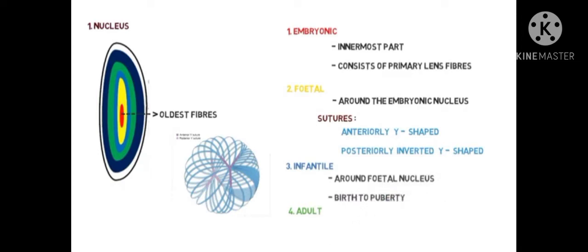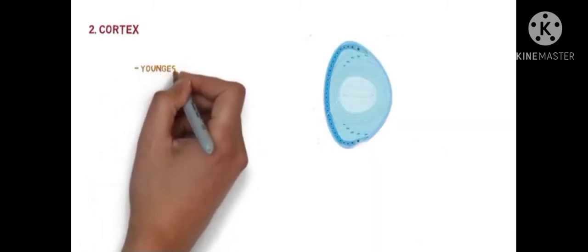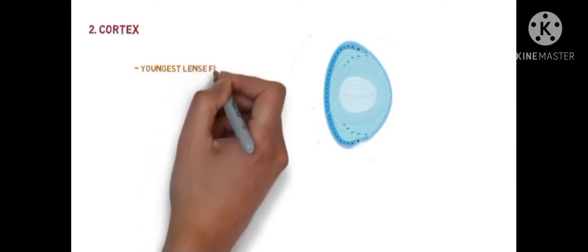And the last one is the adult nucleus. The adult nucleus corresponds to puberty through the rest of life and surrounds the infantile nucleus. The second one is cortex. The cortex is present at the peripheral part of the nucleus, and it consists of the youngest lens fibers.